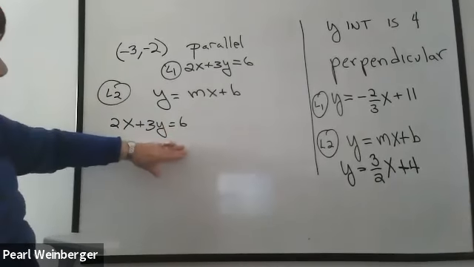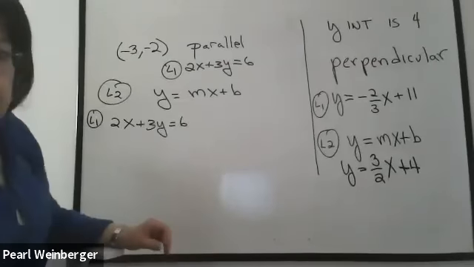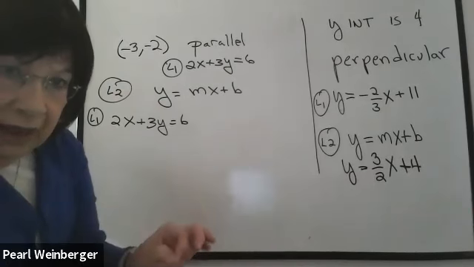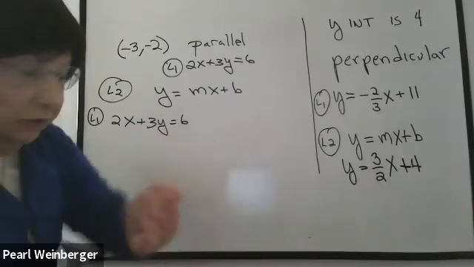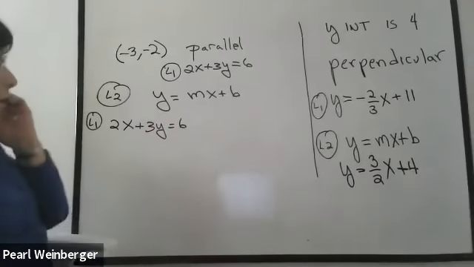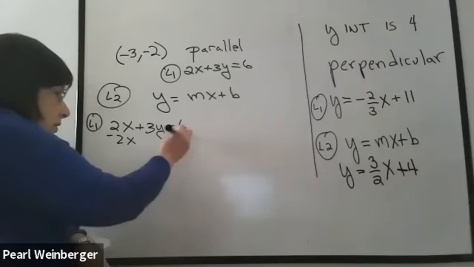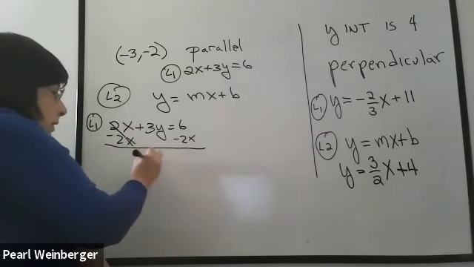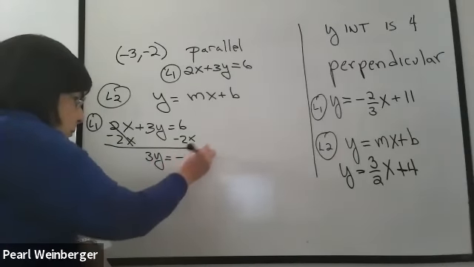I have to put line 1 into the y equals mx plus b form in order to see the number that's in front of the x, because the coefficient of the x will give me the slope of the line. Okay, so I'm going to subtract 2x from both sides to get the y's alone. That'll give me 3y equals negative 2x plus 6.